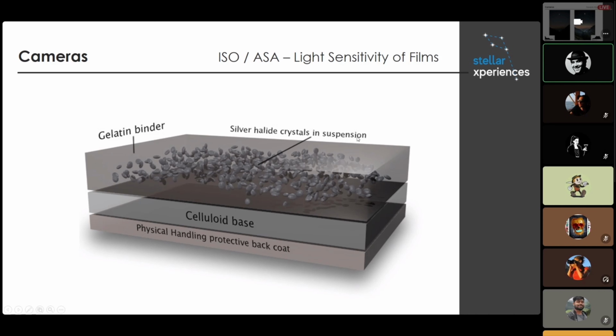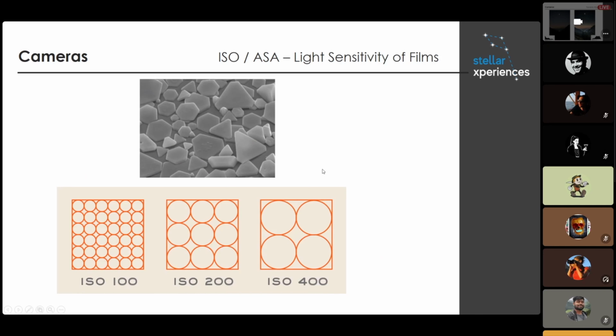So silver halide crystals were used for film to create black and white or color pictures. And to increase the light sensitivity of the films, they used to play with the size of these silver halide crystals.